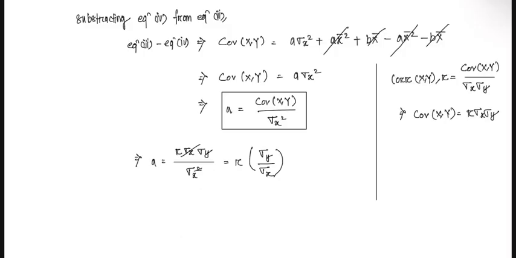And this, r sigma y by sigma x, is the slope of the line y on x, that is b yx.